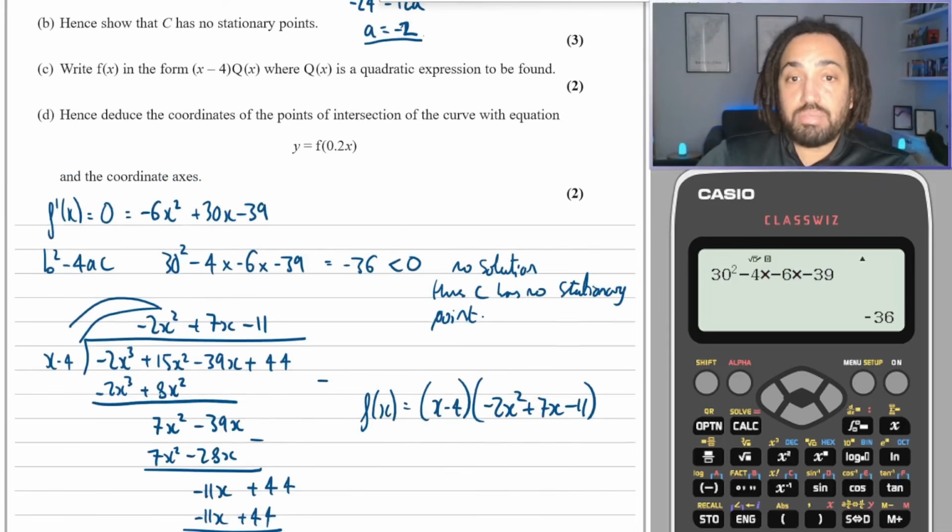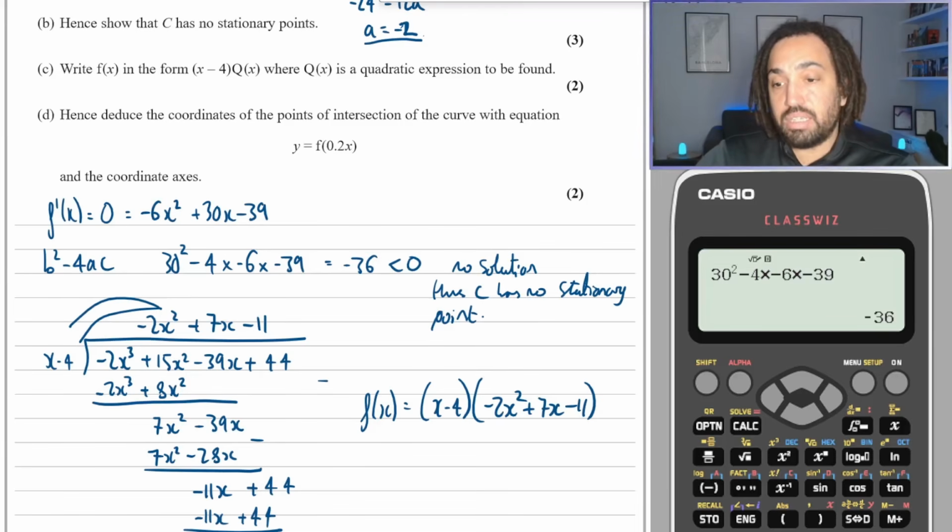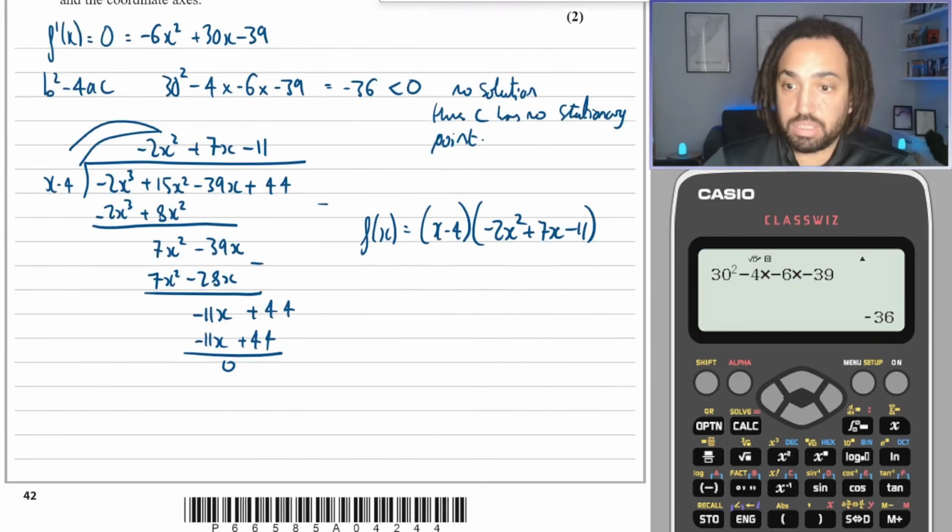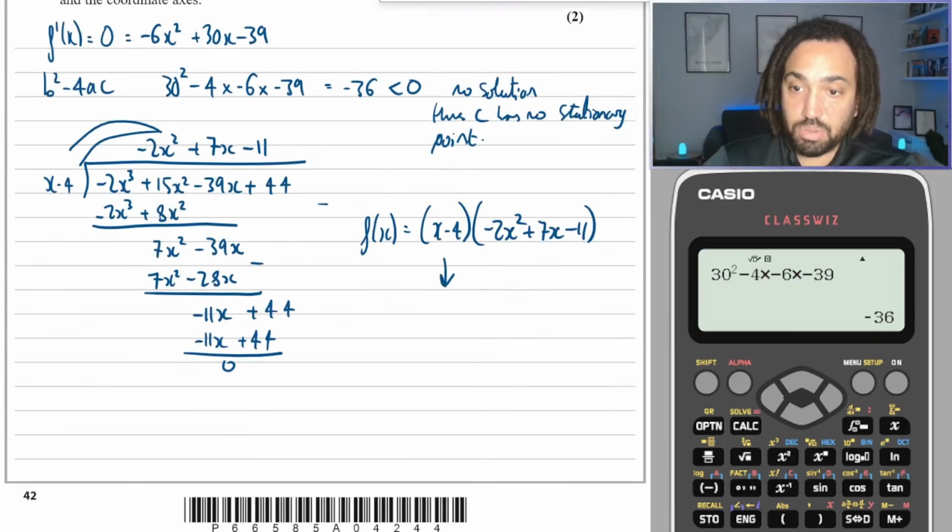Lovely. And then it says deduce the coordinates of the points of intersection of the curve with equation this and the coordinate axes. Okay. Well, first off, this has only one solution, and that is at x equals 4.